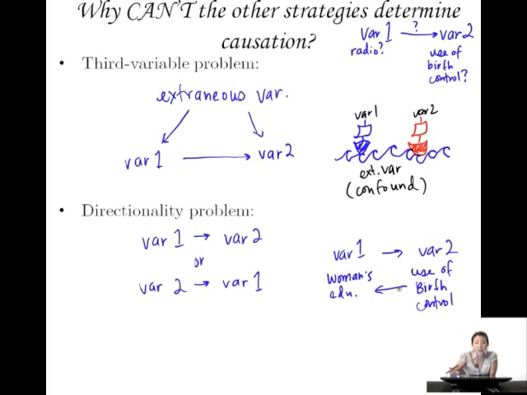So it could be either one of those directions, and we don't know from doing a correlational study. Let's say we ask women, how many years of schooling have you had? And we ask women, how often in a month do you use birth control? That would be a correlational design. But one issue is we don't know whether X causes Y or Y causes X. And on top of that, we also don't know whether there's a third variable lurking that might be more explanatory.